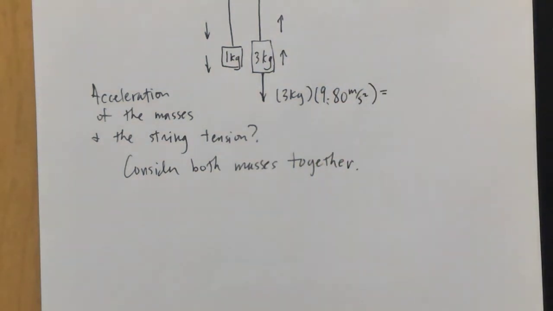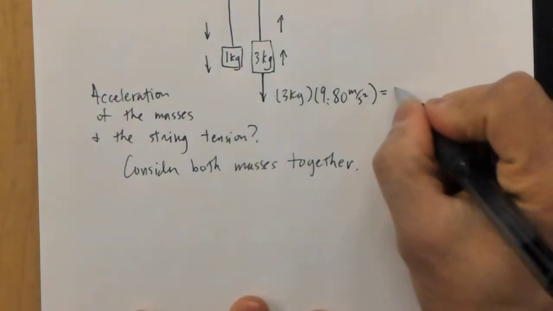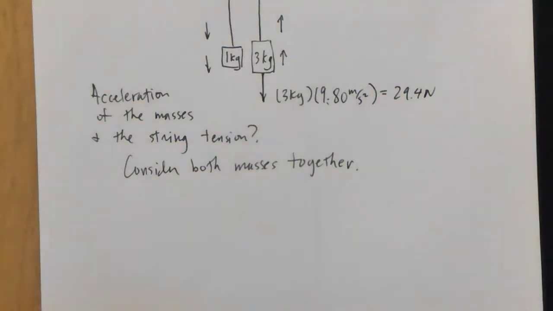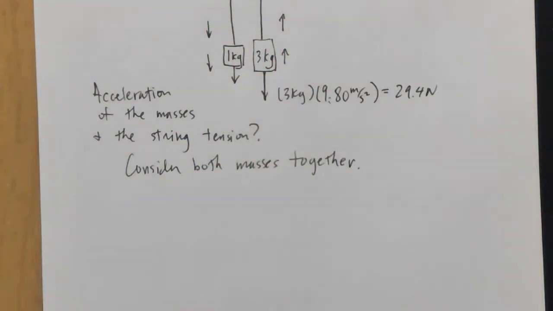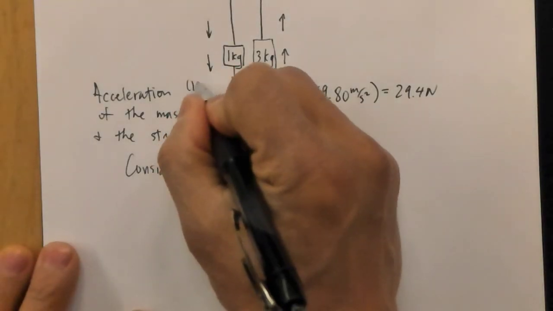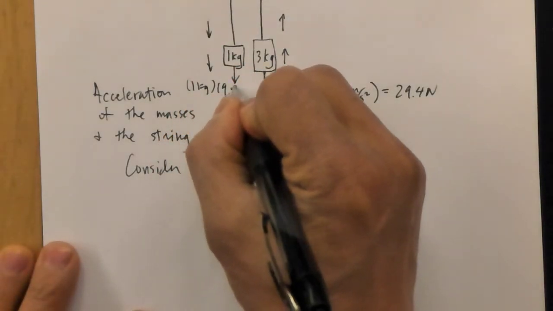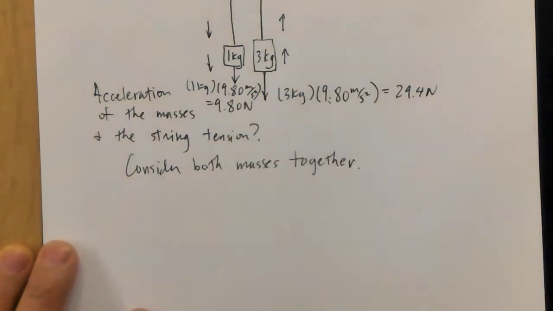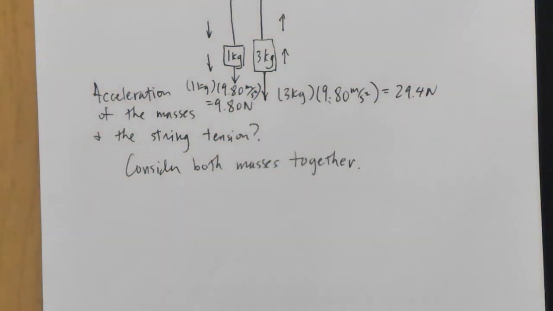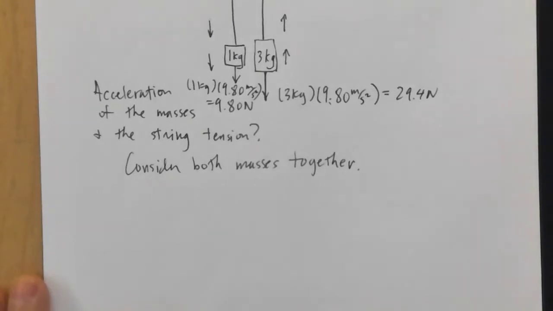So 3 times 9.8 is 29.4. And then we have this weight, so that's 1 kilogram times 9.8, and so that's 9.8 newtons. All right, is everybody good on that?